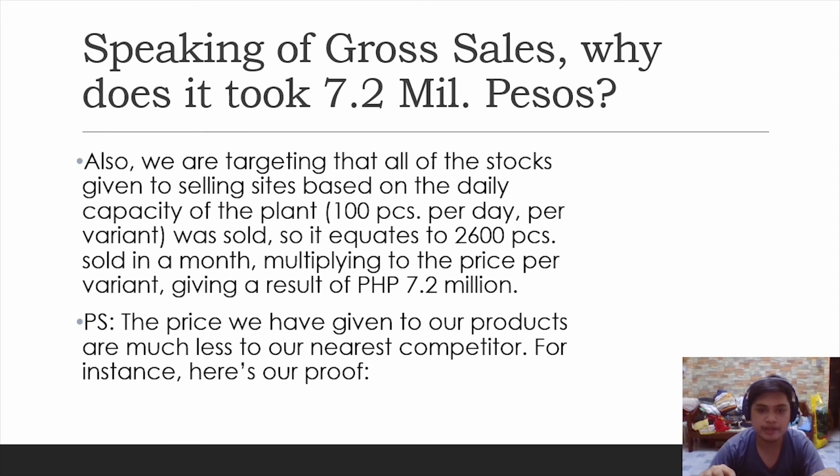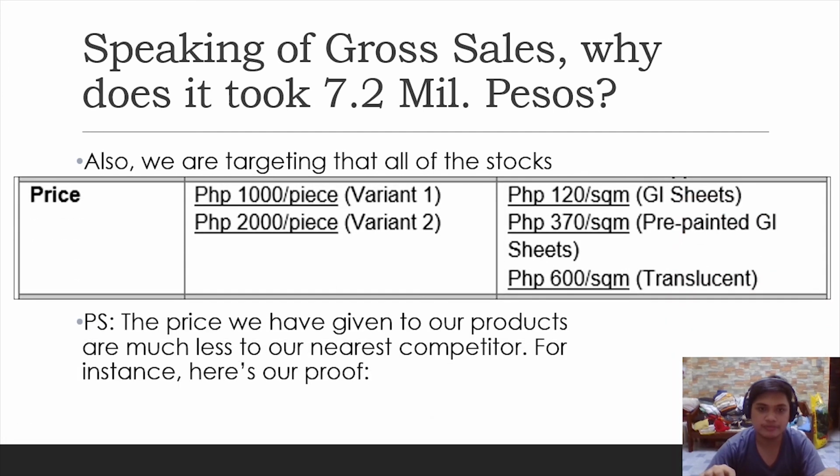The price we have given to our products is much less than our nearest competitor. For instance, here's our proof, and this proof would be the answer to the second question given to us by our professor. For the price, variant 1, just like what I said, is 1,000 per piece.